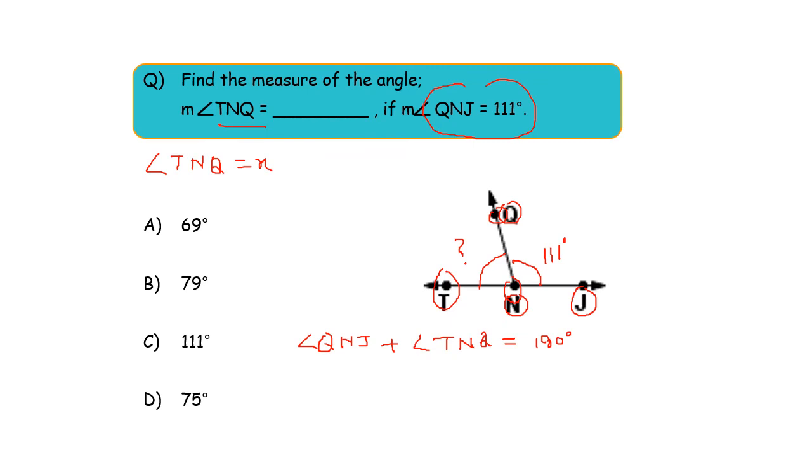Therefore I can write 111 plus X equals 180. Therefore X equals 180 minus 111. So the answer will be 69 degrees. So this is the first answer.